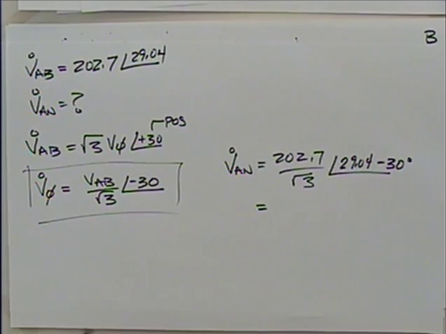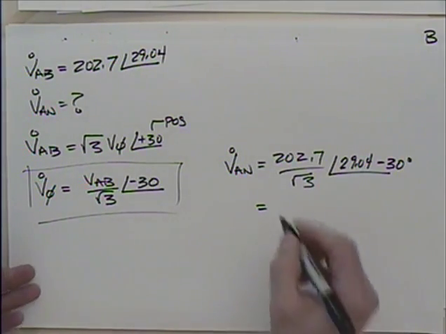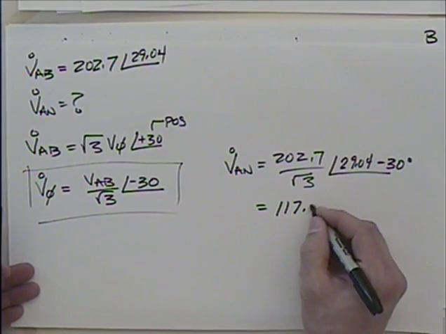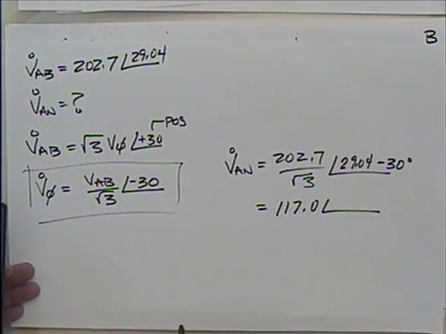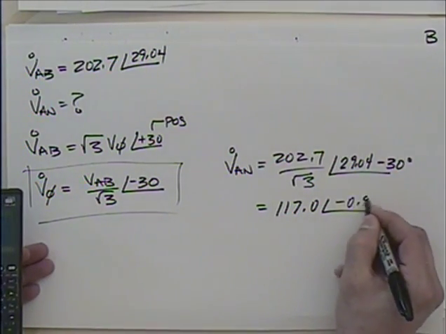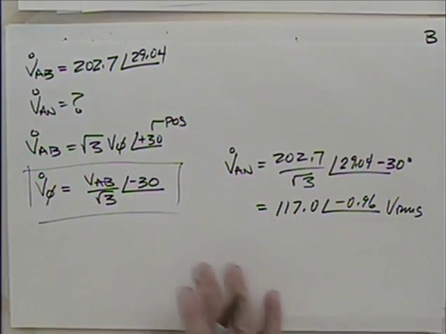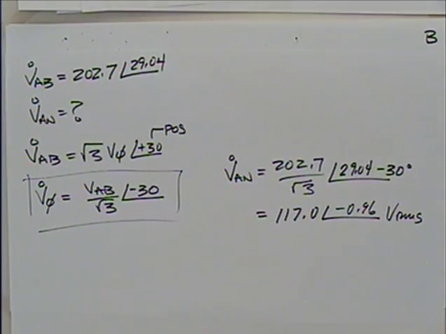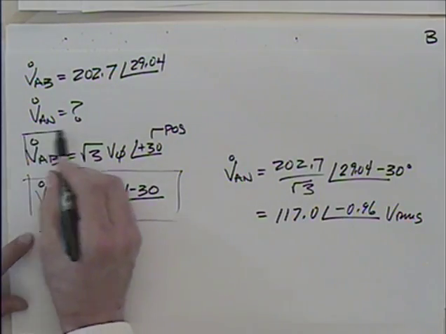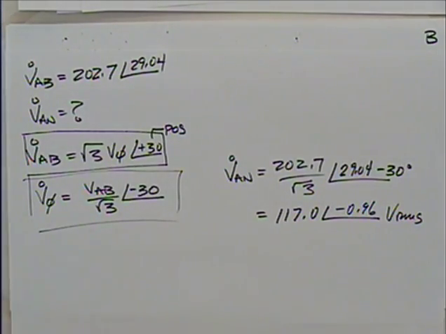So 202.7 gives 117.0 at an angle of minus 0.96. Is that what we started with? Yeah. So when I gave you these expressions last time, you had to be careful which way you were going with them. If you were going one way, you subtract 30. If you were going the other way, you add 30. Questions of that?